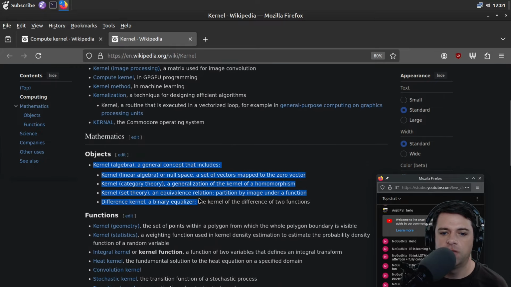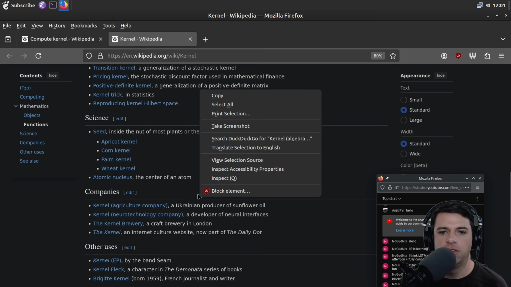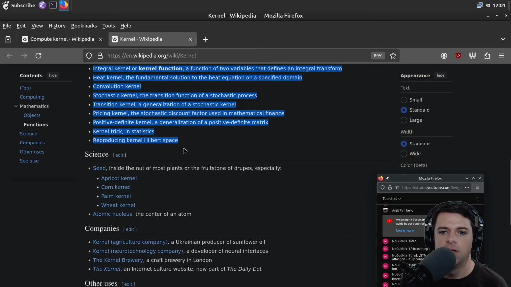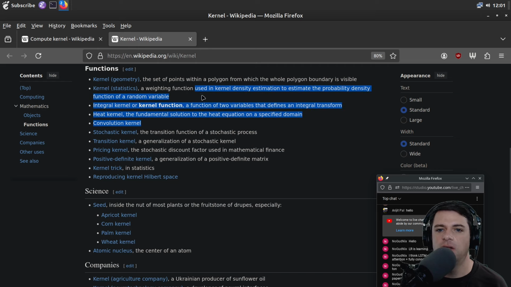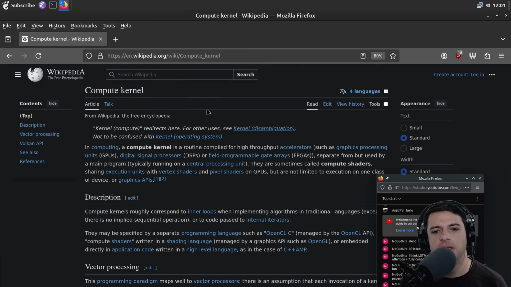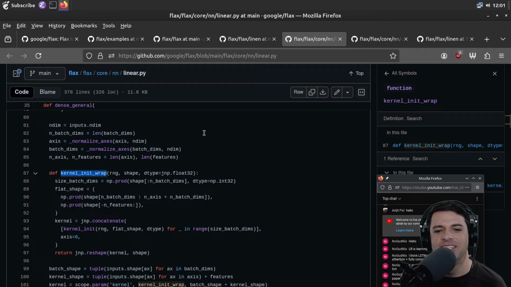Yeah, so there's all sorts of mathematical definitions of kernel. The pricing kernel is the stochastic discount factor used in mathematical finance. The transition kernel, a generalization of stochastic kernel. The stochastic kernel is a transition function of a stochastic process. So convolution kernel, I don't know which of these it's meaning, but something.